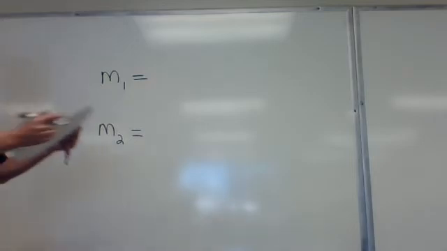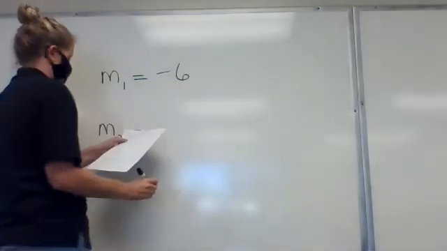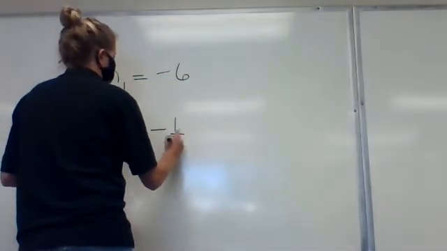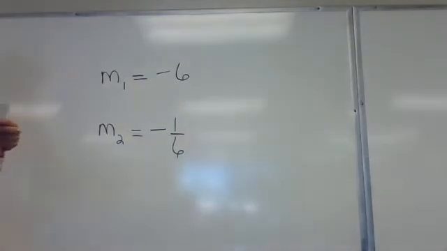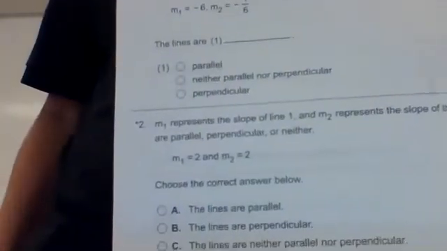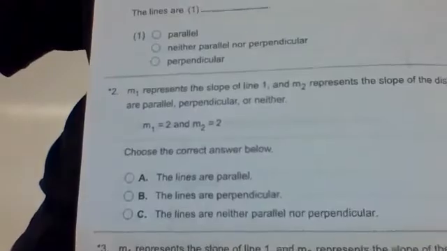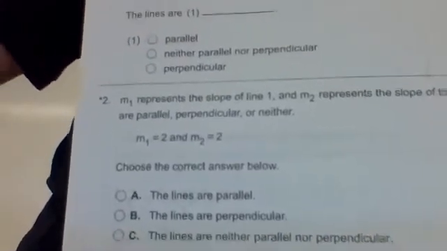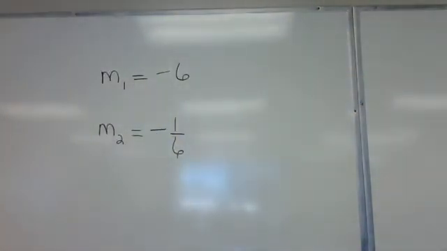It says the slope of line 1 is -6. The slope of line 2 is -1/6. It's going to be multiple choice for all of these. It's going to say parallel, perpendicular, or neither. You're going to pick one of those.